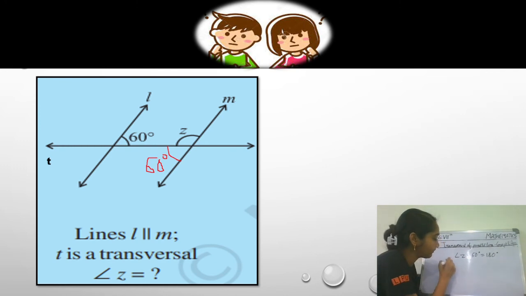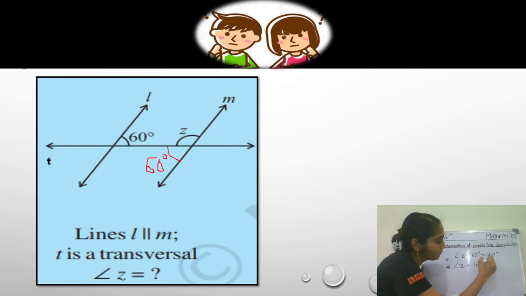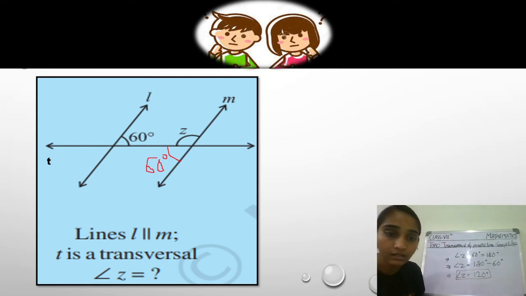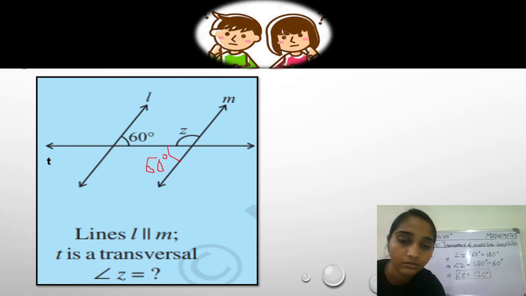So angle Z will be equal to 180 minus 60 degrees, which is 120 degrees. This is the answer we are getting for angle Z. Very good.